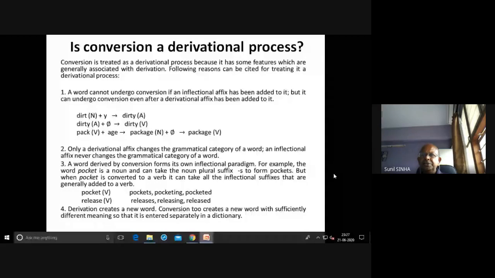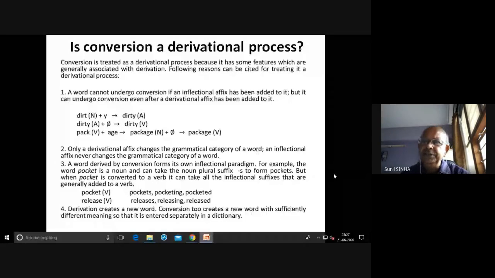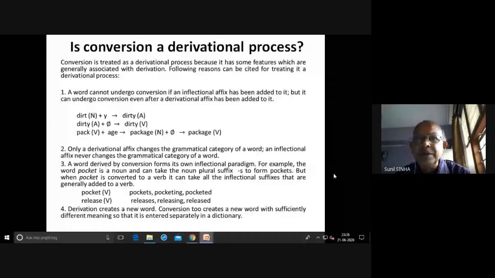And what is conversion? Conversion is changing the class of one word to another by adding a zero affix. Now we are adding nothing. So how can we say that this is a derivational process? We add nothing in conversion and we say this is a derivational process.